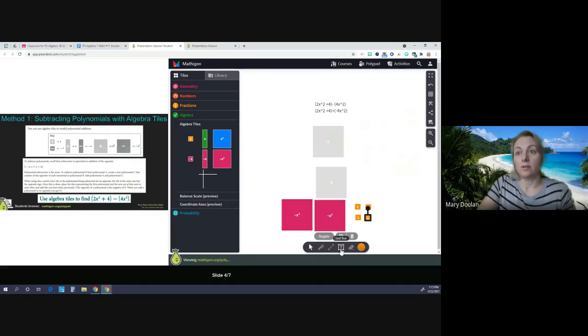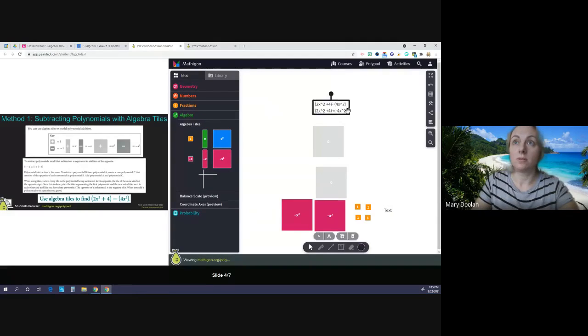After I've done all that work, the solution, and maybe I'll just put it up here, equals negative 2x to the second power plus 4.